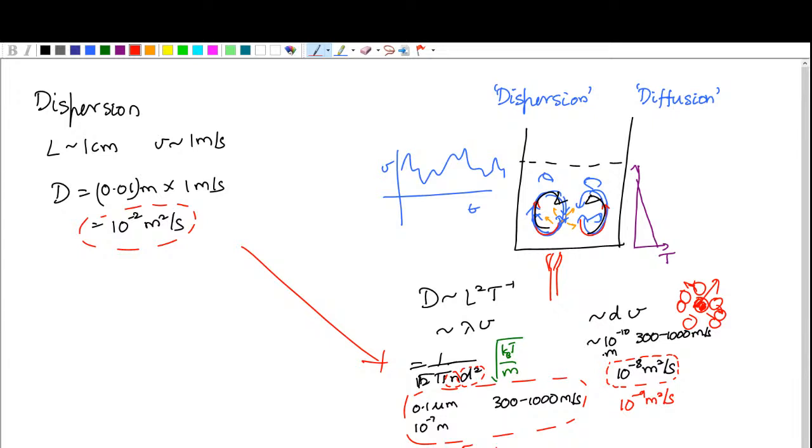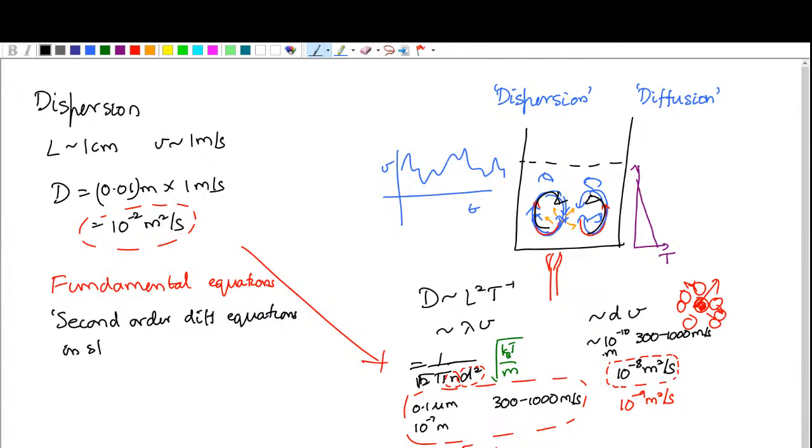What boundary conditions are needed to solve fundamental equations? We will see a little later when we come to that, but all fundamental equations, whether it is the mass, momentum, or energy equations, will turn out to be what are called second order differential equations in space and first order in time.